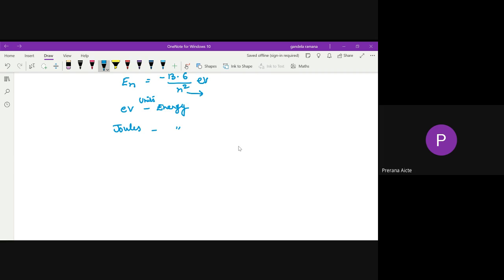So when do we use electron volts and when do we use joules? Electron volts is used for measuring small quantities. When large quantities are used, we use joules. For example, for near distances we say feet.